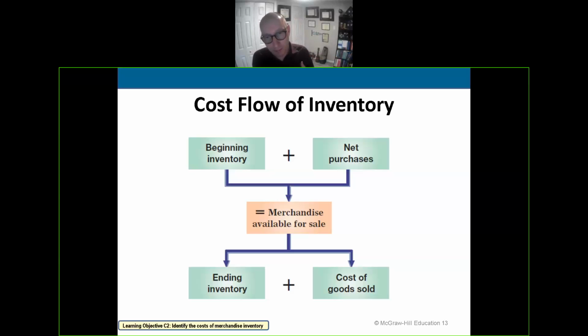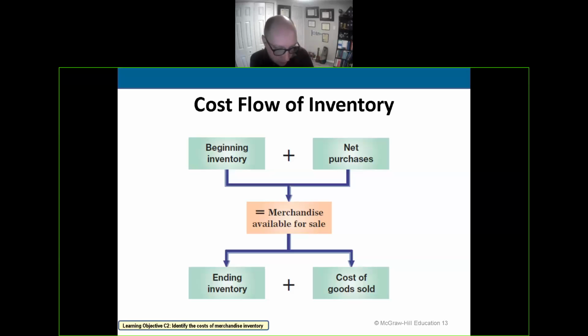So we come up with what's called merchandise available for sale. We take the beginning inventory. That's the beginning balance of inventory that we started with at the beginning of the month. Okay, that's what we already have on hand at the beginning of the month. That's our beginning balance inventory. Plus net purchases.